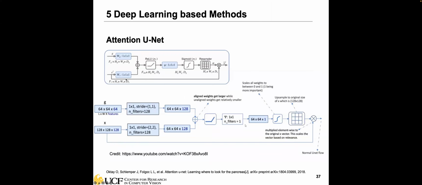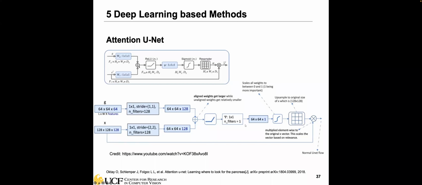For a closer look, let's use some concrete numbers so you are able to understand the process. Let's say G here is the decoder feature, and X is what I want to use from my previous layer. Based on the dimension, you can see that the previous layer has a larger dimension, if we have this 2-by-2 pooling. We can use a 1-by-1 convolution to match the dimension, and also use a stride of 2 to reduce the dimension, because here we have a summation.